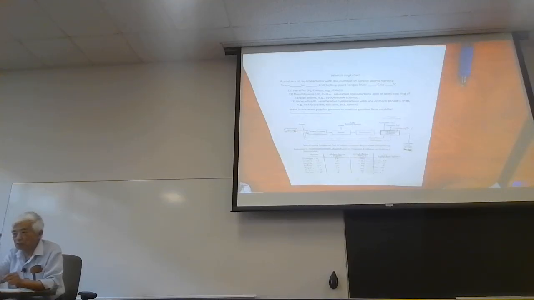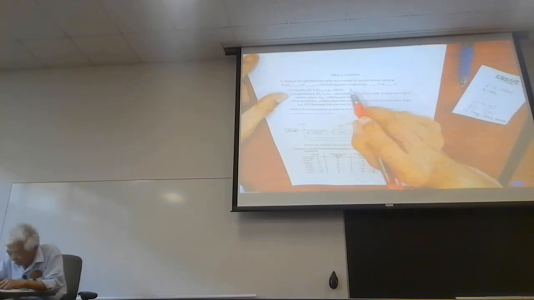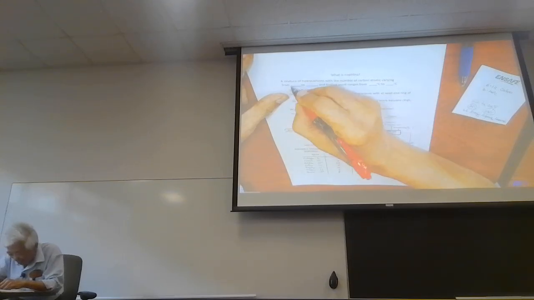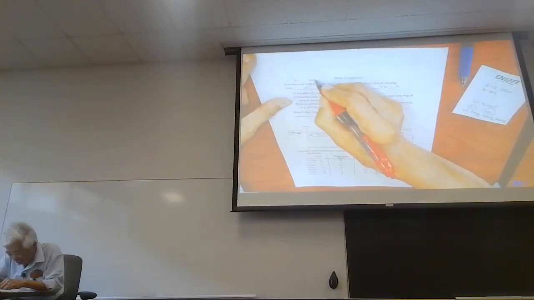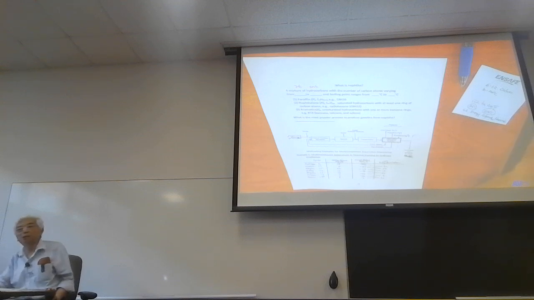If you go to Google, the first answer tells you naphtha boiling point 30 to 200 degrees C. That is what Google AI gives to you. You can check it out yourself.